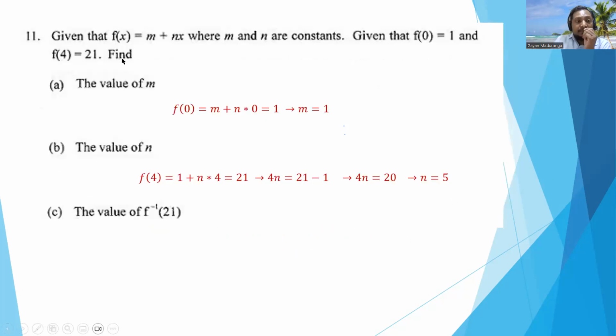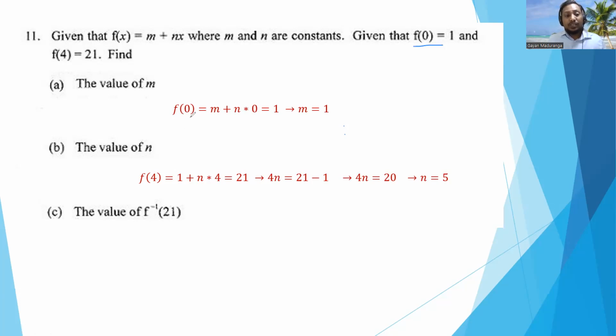Given f(x) = m + nx, a function question, which is a straight line as far as you know, where m and n are constants. No worries. f(0) is 1 and f(4) is 21. Find the value of m. How do you get f(0)?